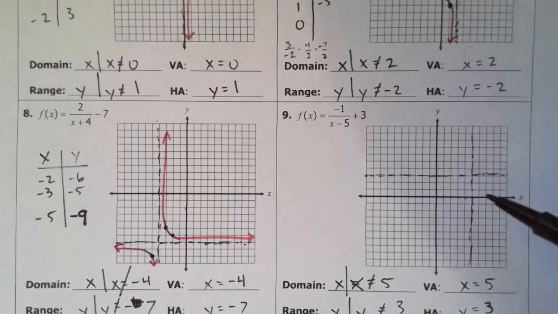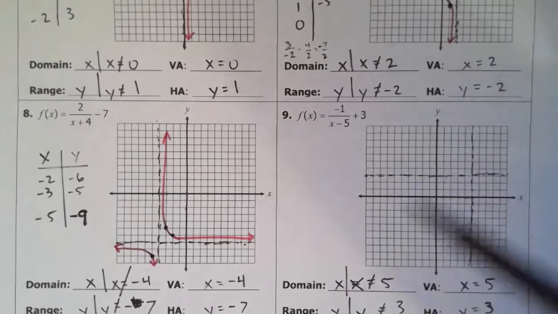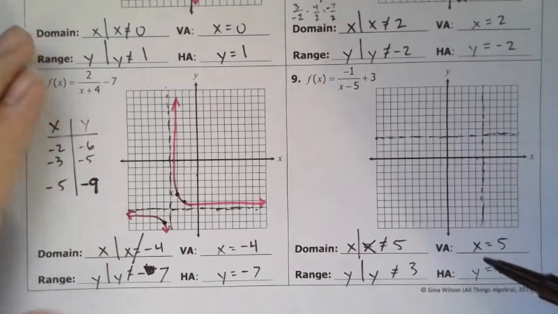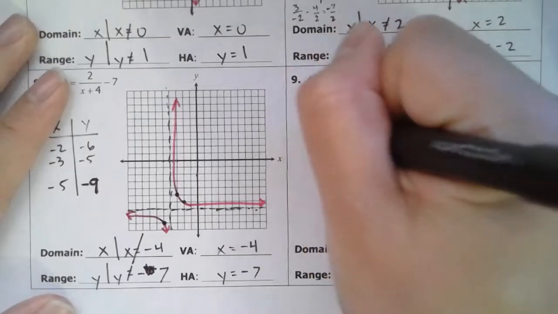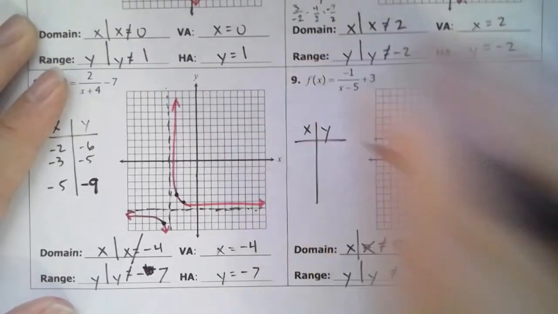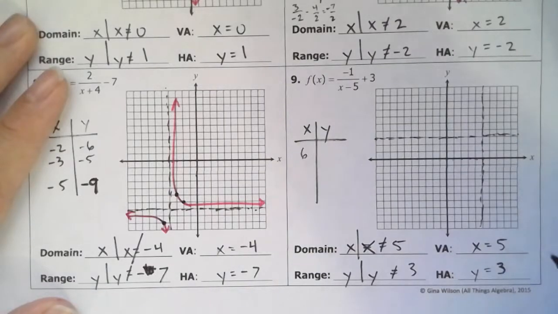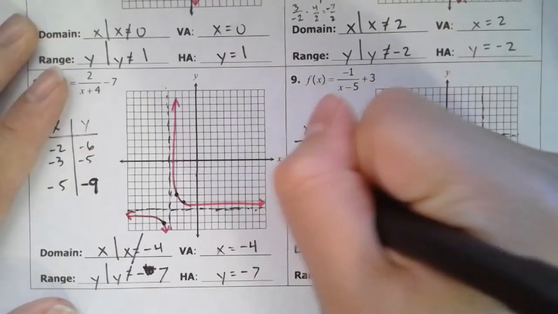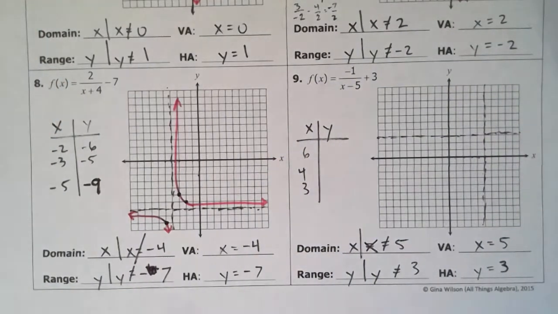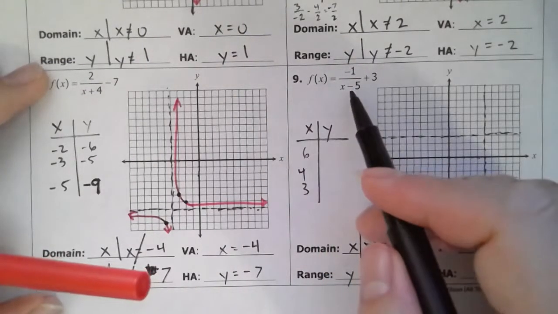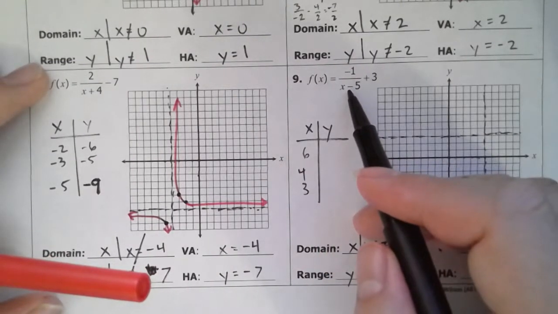Same, seems like a similar situation, right? Space might be tight, so you could just take one point to the right, but I still want you to take 2 to the left of the vertical asymptote. So take 1 to the right, it would be 6. And then take 2 to the left, it would be 4 and 3. So when I plug in 6 here, I'm going to get positive 1 in the denominator.